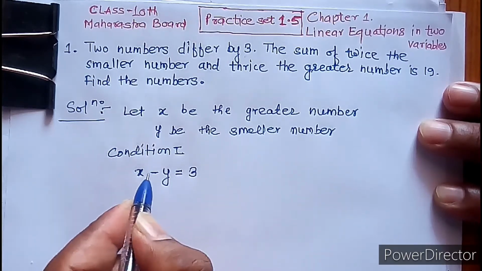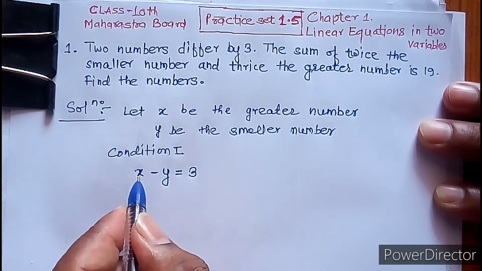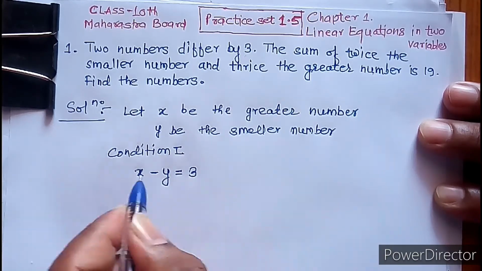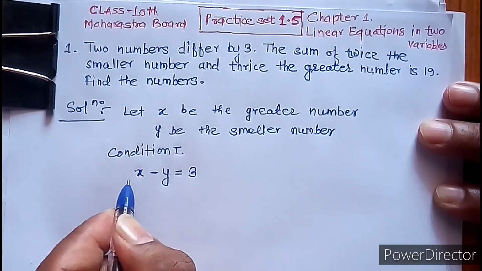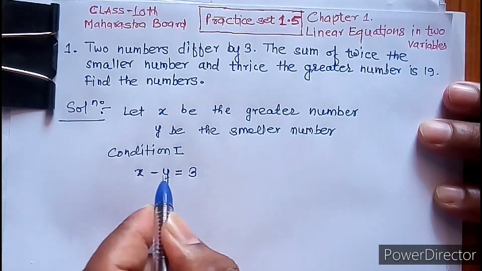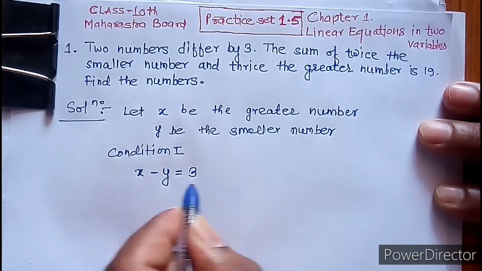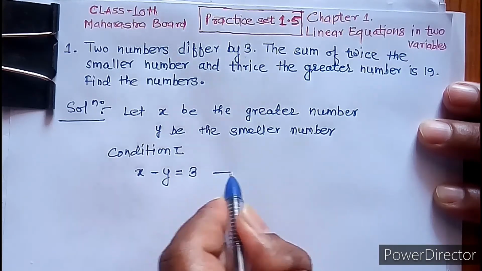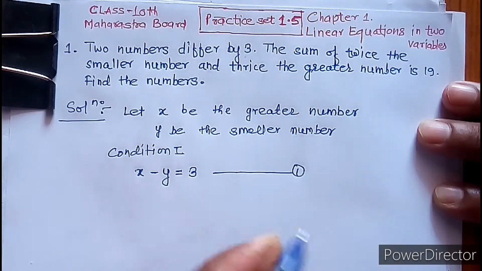This is the difference between the smaller and greater number. We get this equation from condition 1, hence give it equation number 1.